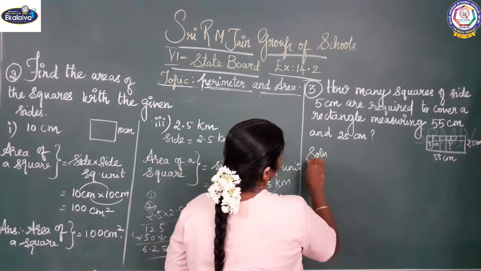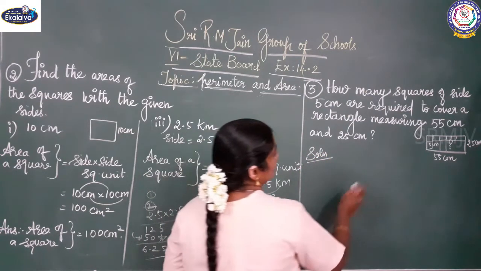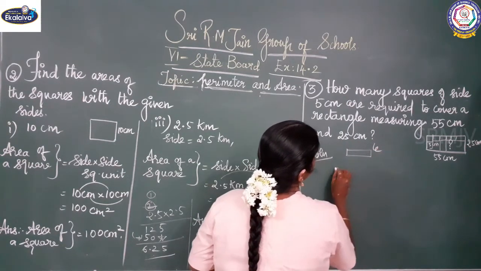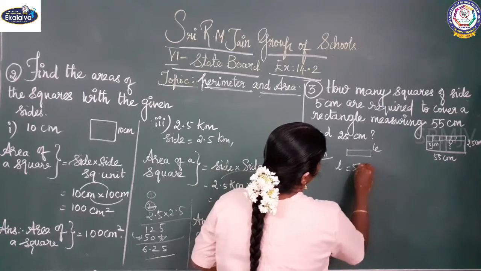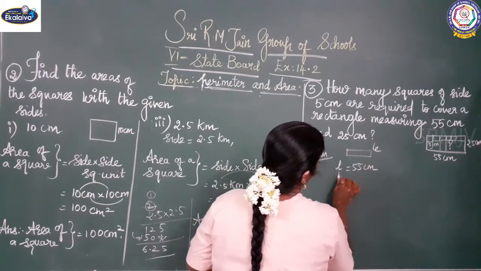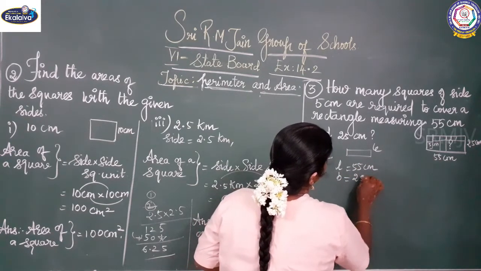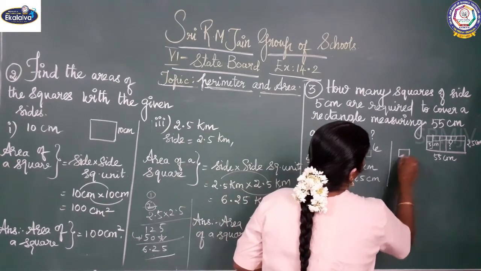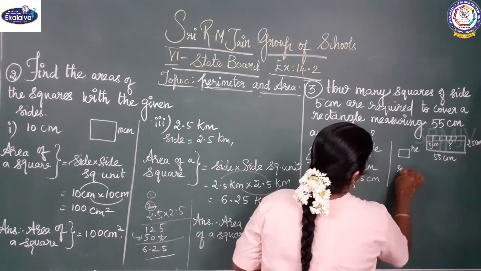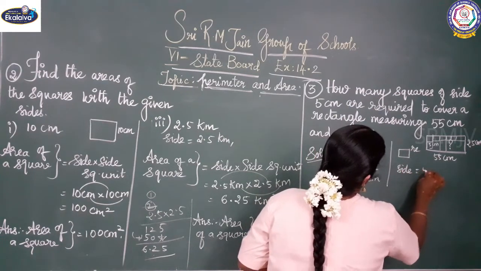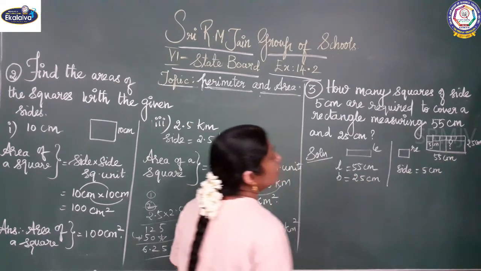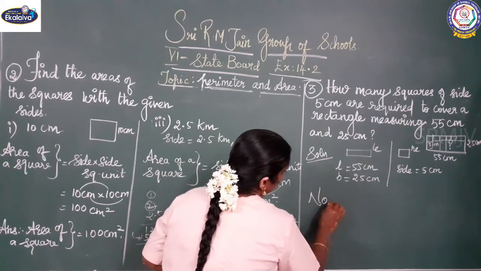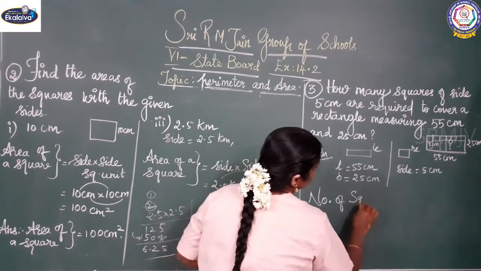See, listen. For the rectangle, what is the length? 55 centimeter and your breadth is 25 centimeter. And for the square, what is the side? 5 centimeter. Now I am going to find out the number of squares.